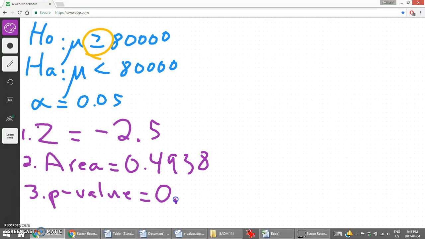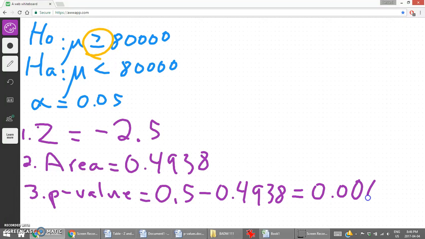The p-value calculation is always taking that area, subtracting it from 0.5. So we will get a p-value of 0.0062.